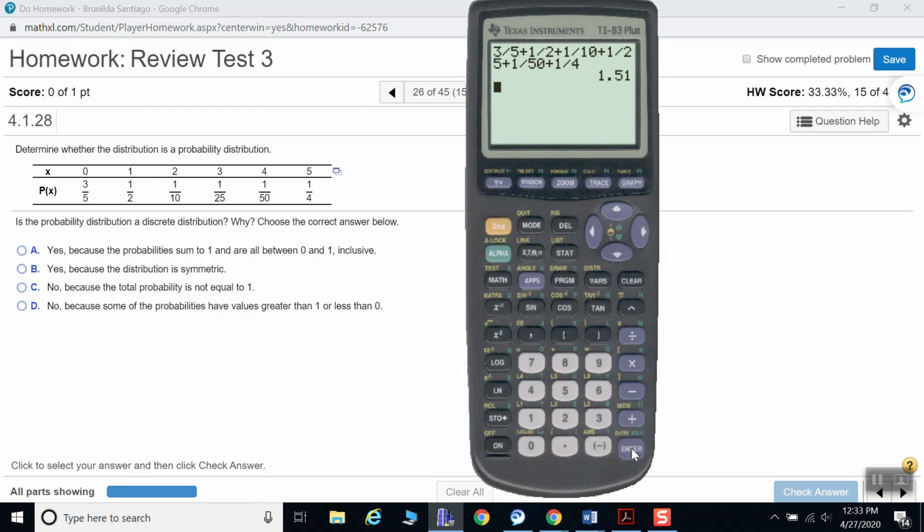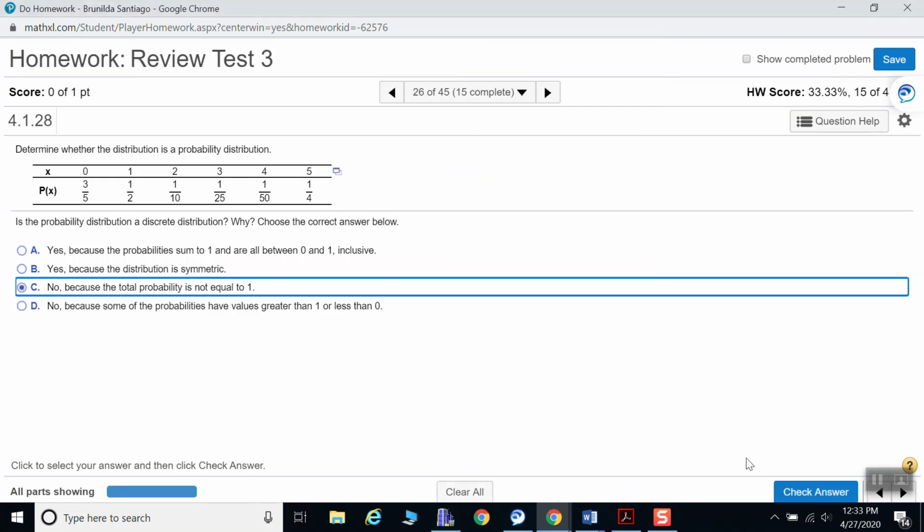So I'm getting more than 1 on this one. So it does satisfy that each one of the probabilities is between 0 and 1. None of them are negative. But the sum of the probabilities adds up to more than 1. So it's going to be no, because the total probability is not equal to 1.